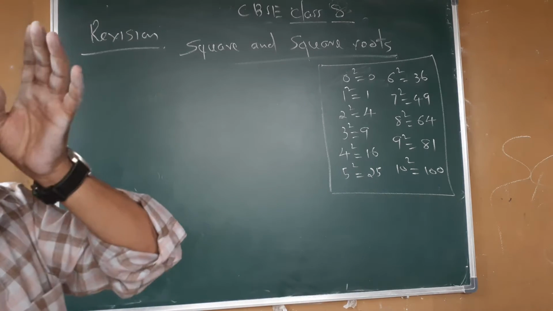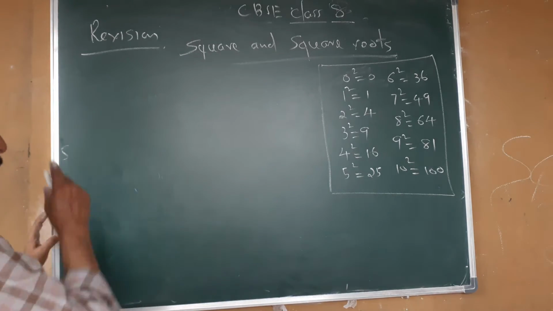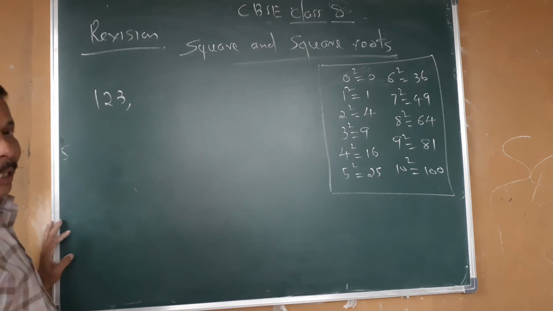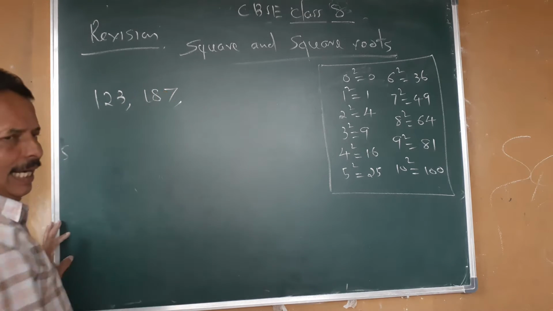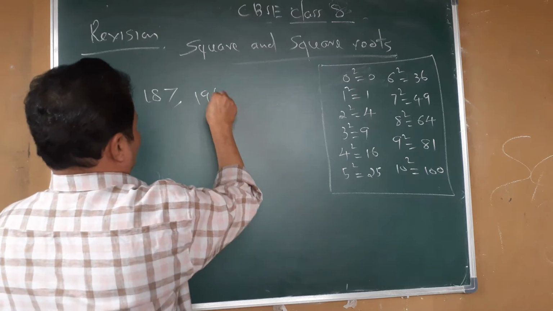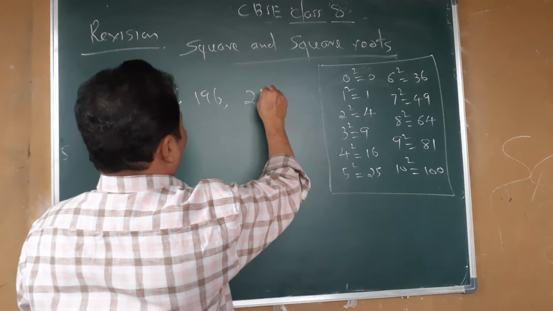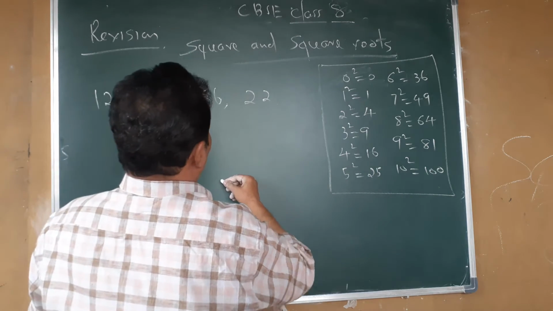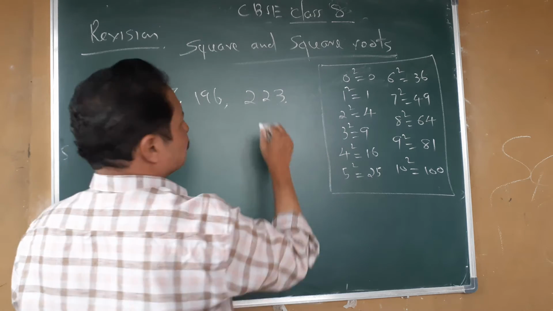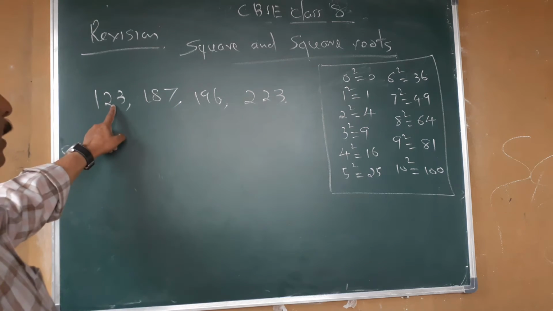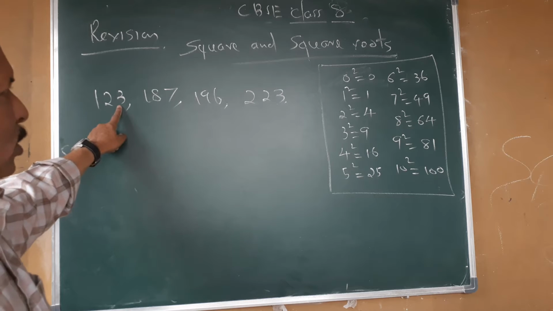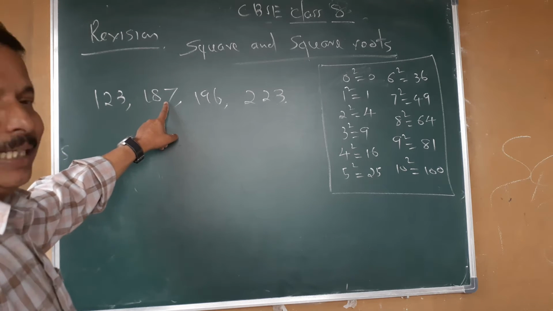Next, which of the given ones is a perfect square? There are 4 numbers given, only one of them is a perfect square. Look very carefully here: 123, 187, 196, 223. So this number, the unit place is 3, it is not a perfect square. Unit place 7 is not a perfect square.